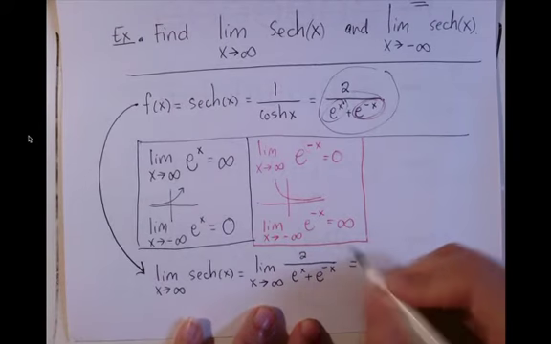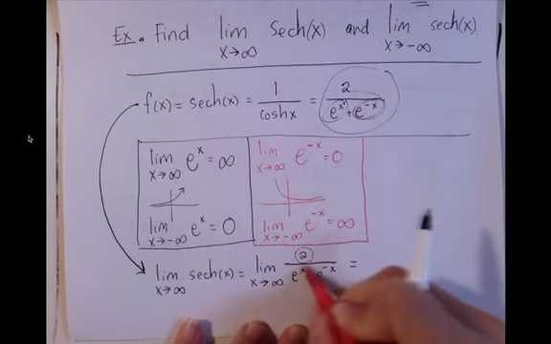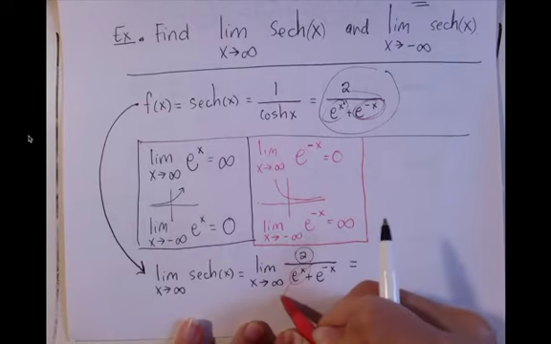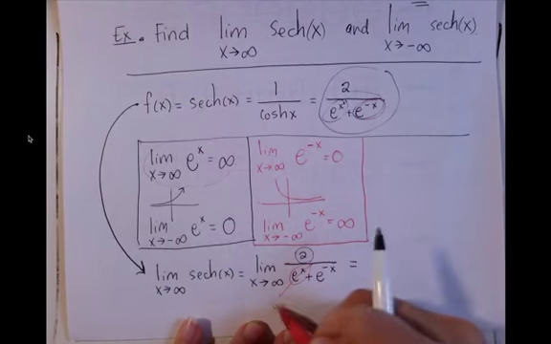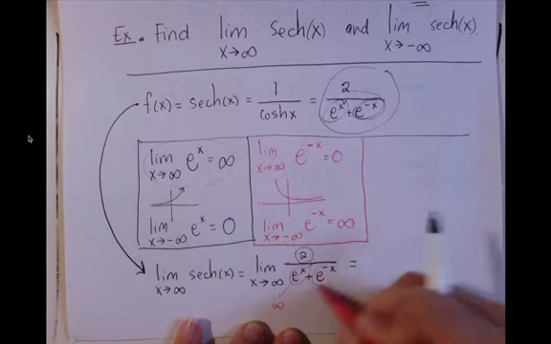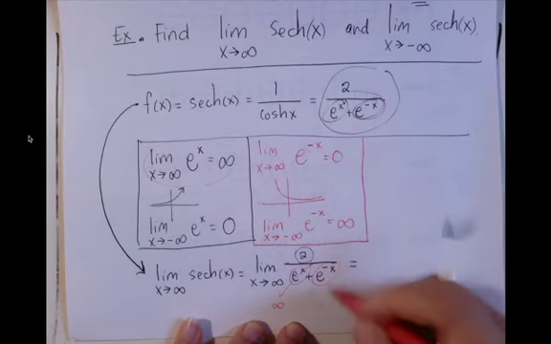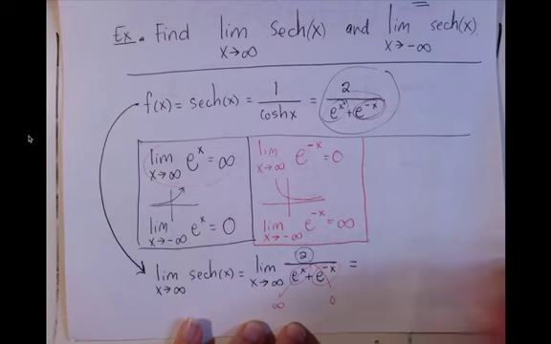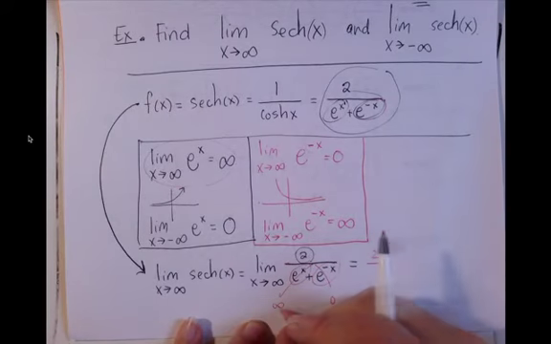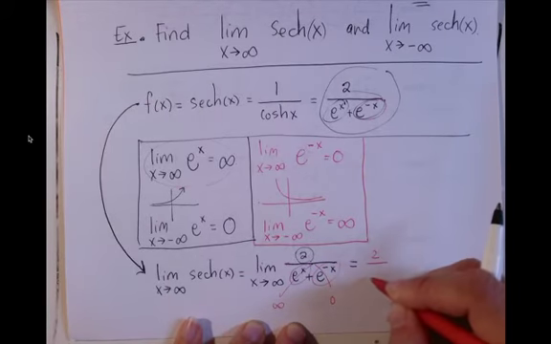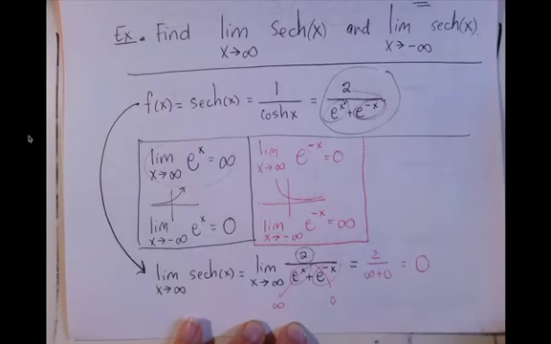Okay, so we know that the numerator isn't going anywhere, but we know that this is going to blow up to infinity, right, because of this limit. And we know that as x approaches infinity, e to the opposite of x goes to 0. So this numerator is going towards 2. The denominator is headed towards infinity plus 0, so the limit here is 0.